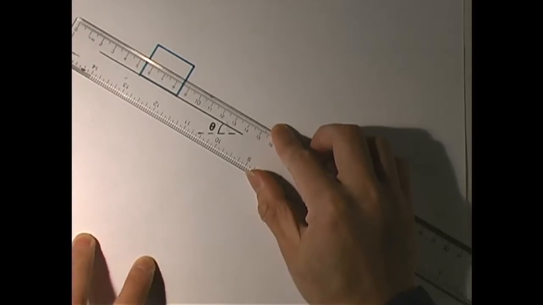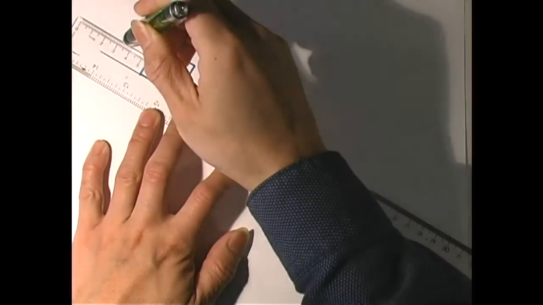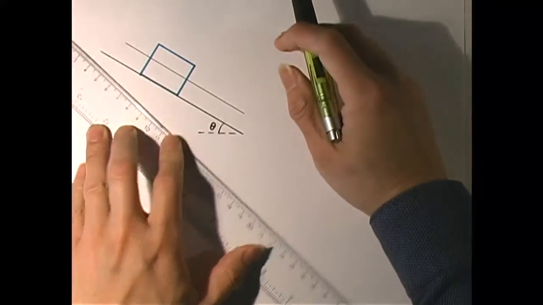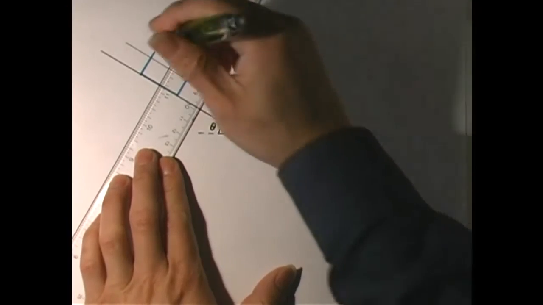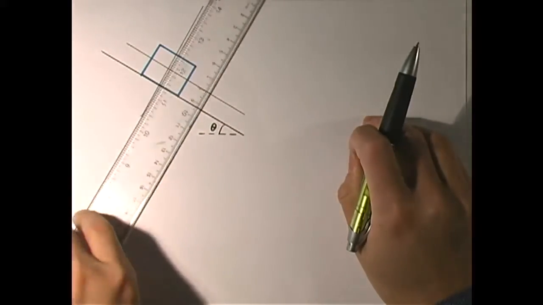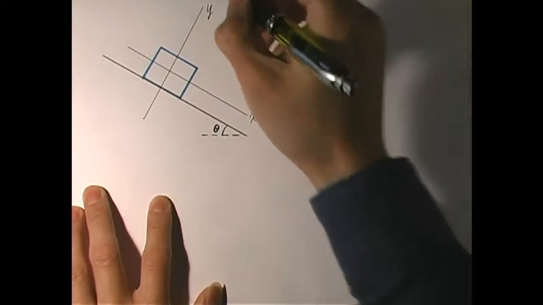Okay, so I have x coordinate like this, along the incline, and y coordinate is perpendicular to the incline. Right? Okay, let me label them accordingly. This is x, this is y.